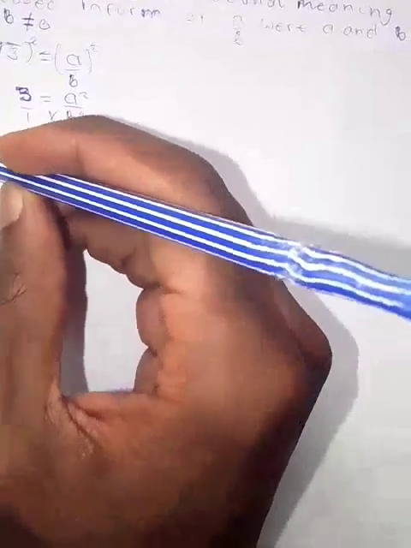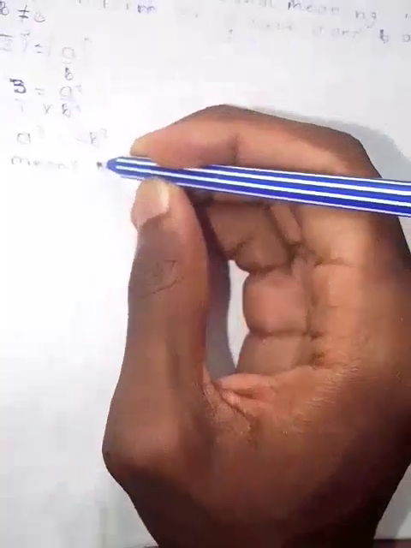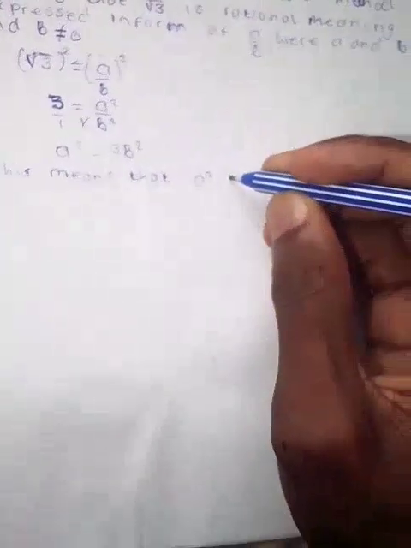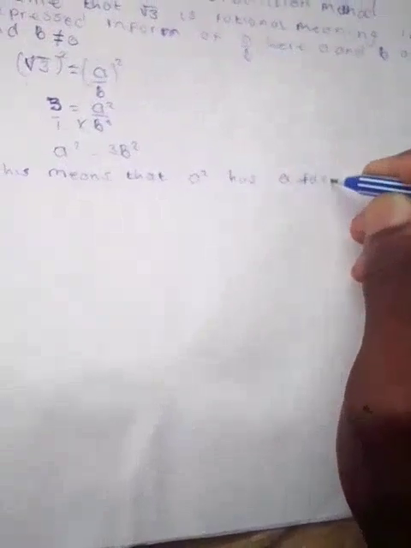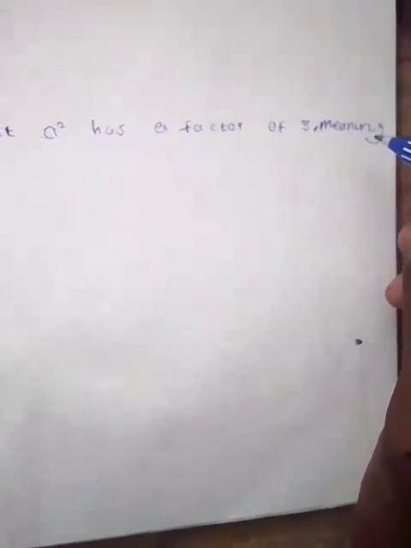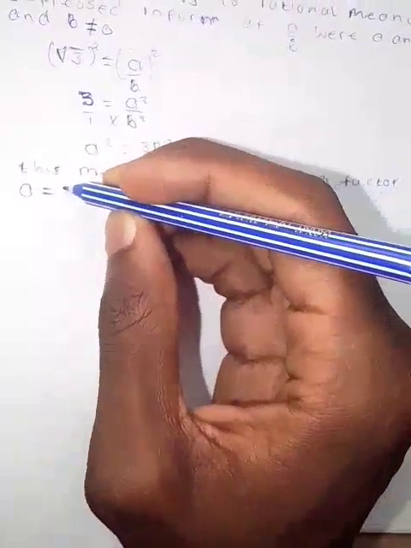Make sure you write these statements, because your lecturer will want to see them. You're going to say this means that a squared has a factor of 3, meaning that even a has a factor of 3.